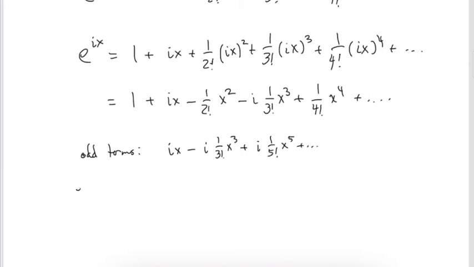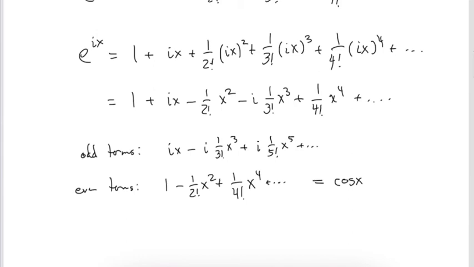And the even terms would be 1 minus 1 over 2 factorial x squared plus 1 over 4 factorial x to the 4. All right, this is actually just equal to cosine x. That is the series for cosine.